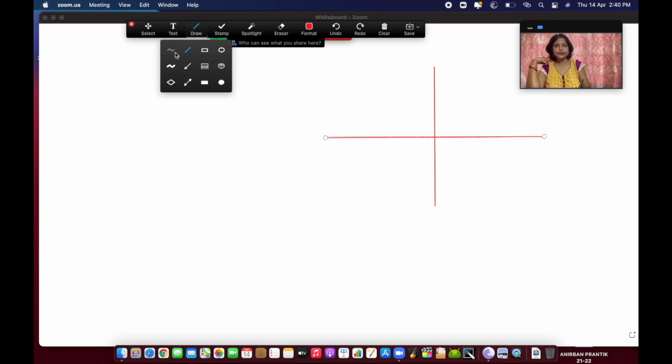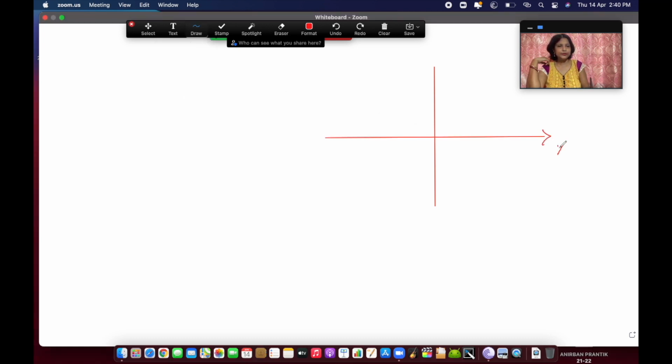So here we have the y-axis and the x-axis drawn, x dash and y dash. Now if the vertex is somewhere here and I name it as V, focus is here on the y-axis itself.